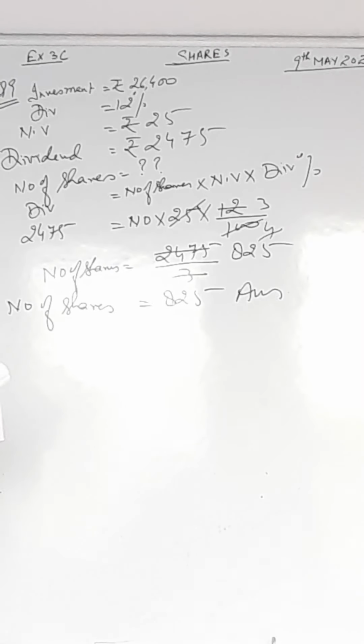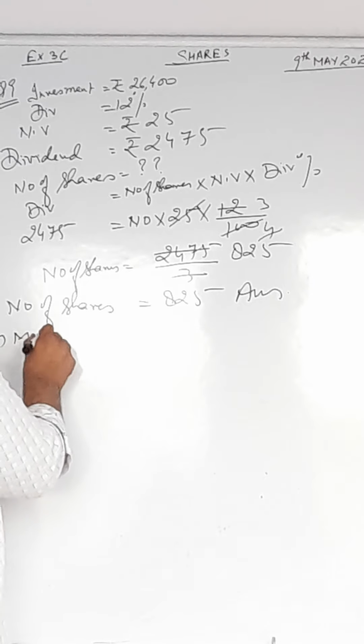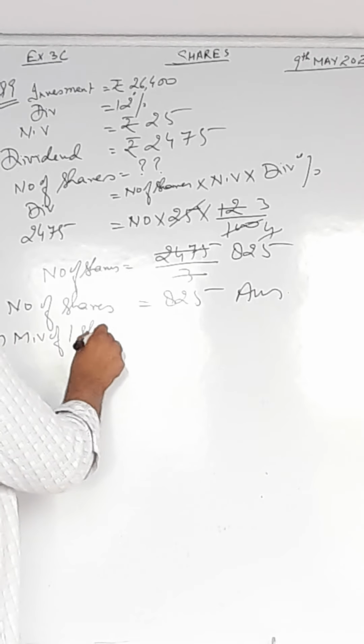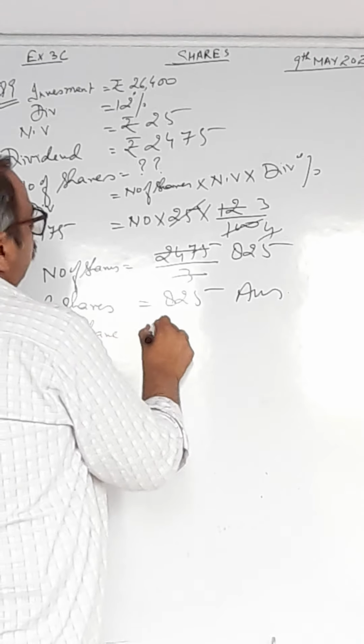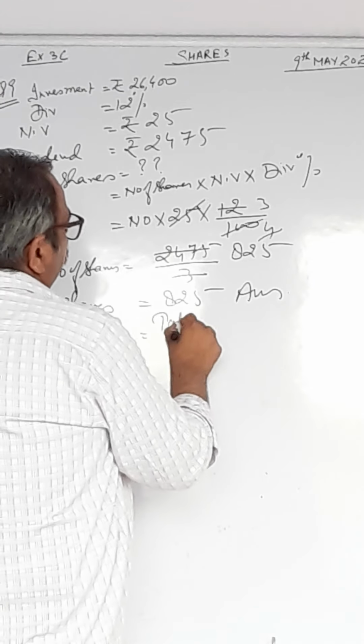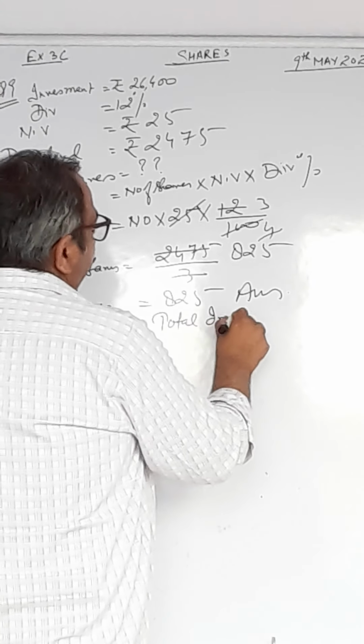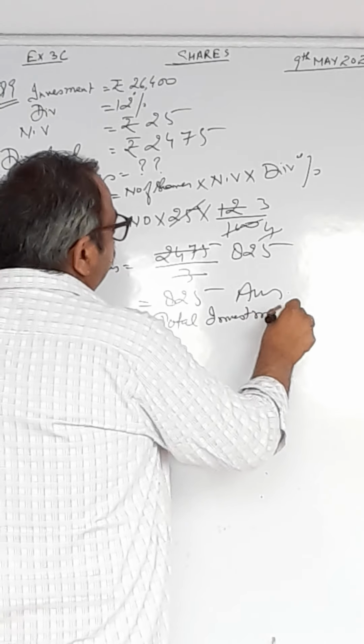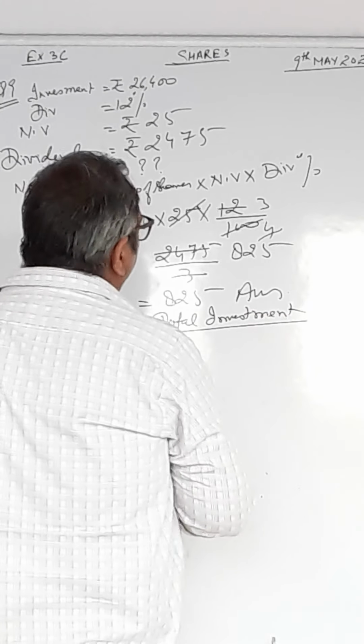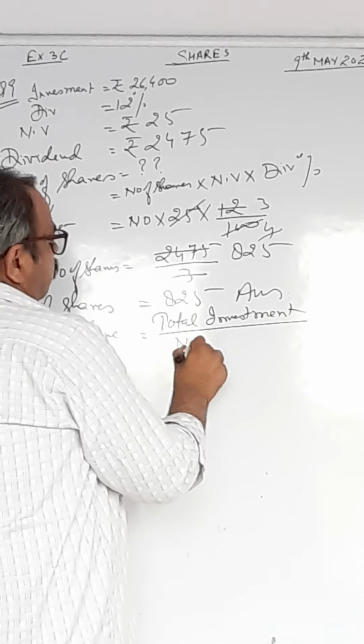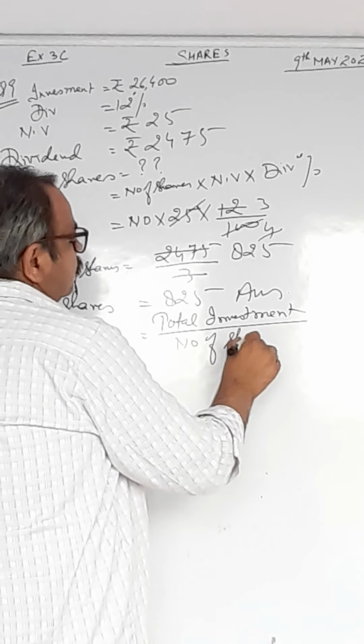Second part is the market value of each share. Market value of one share is total investment upon number of shares.